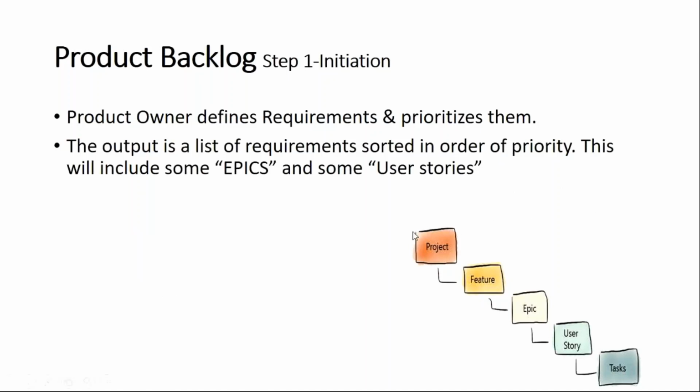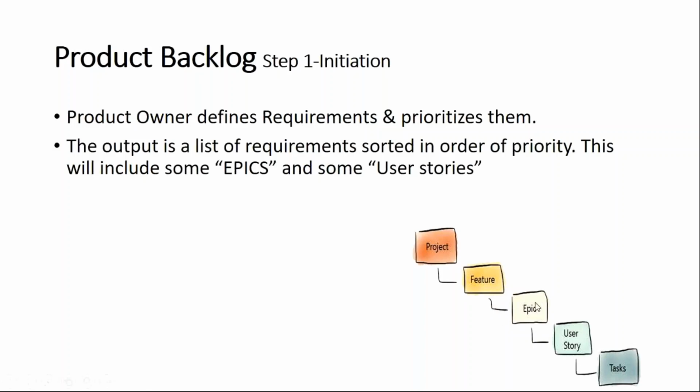The very first step is initiation. If you see the picture on the right side, Farah, it starts from the project. From the project, various features are identified. I was giving the example of this airline booking system. They identify the various features which are going to be part of that project. Those features will be at a very high level.